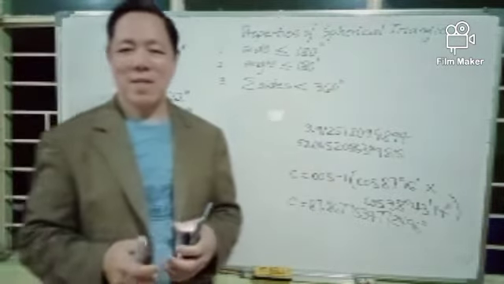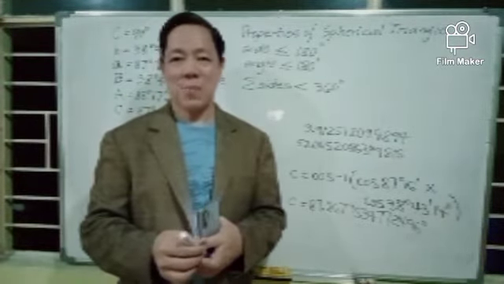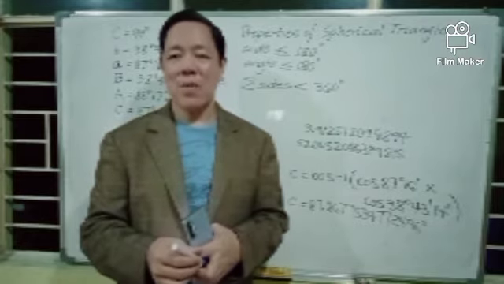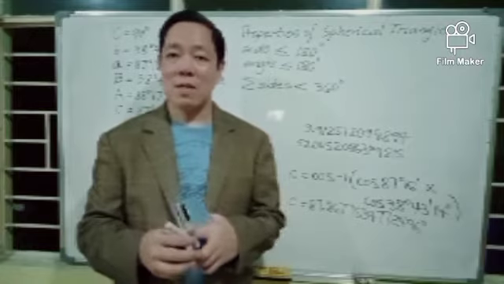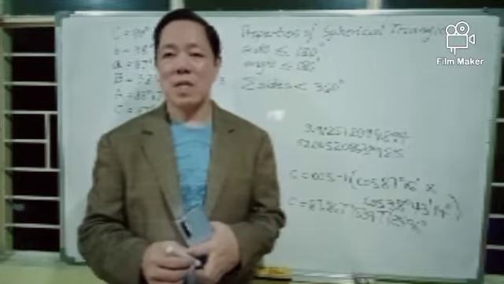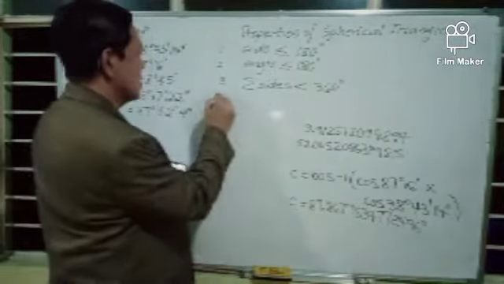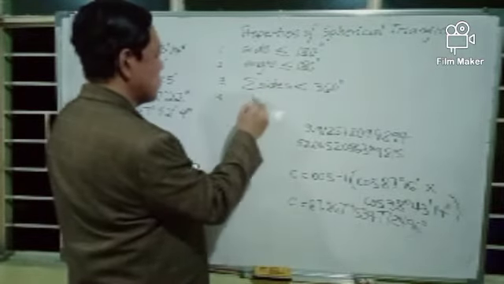The fourth property of spherical triangle is that the sum of the angles of spherical triangle is between 180 degrees and 540 degrees.